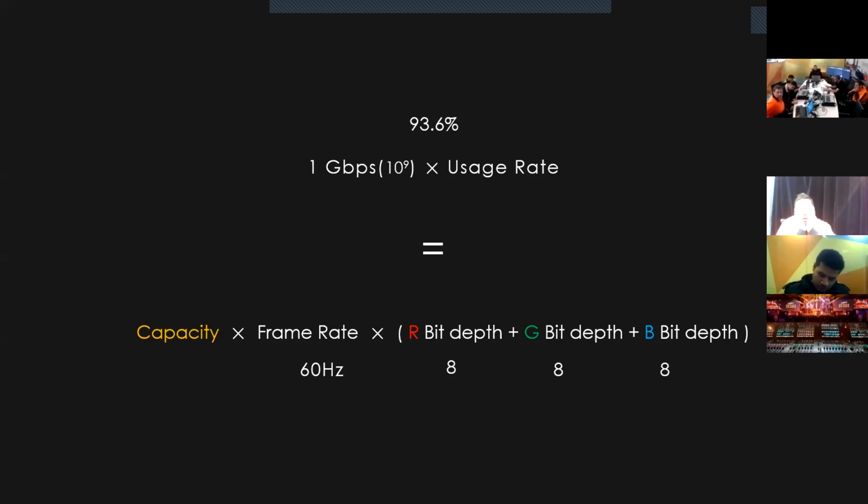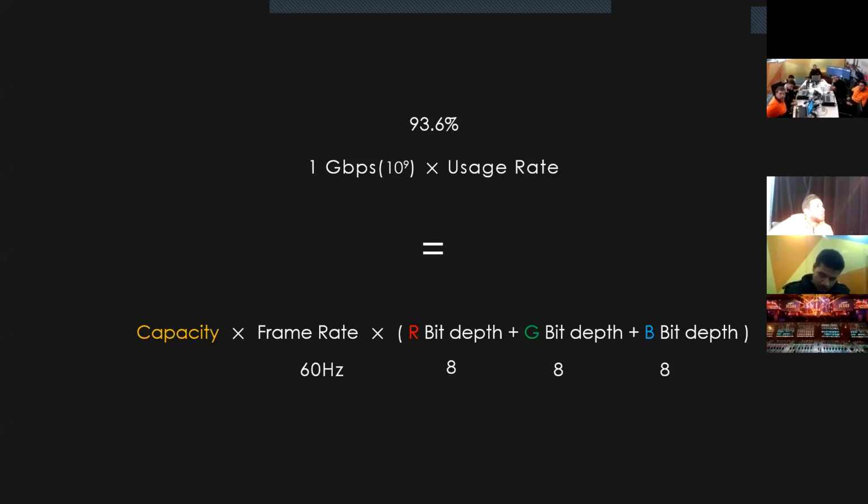All right, sometimes we use cables for transmission, and maybe we will get some data loss. For our system, we lose around 6%. For one output port, the bandwidth is 10 to the power of 9.